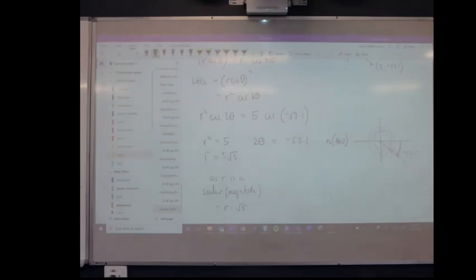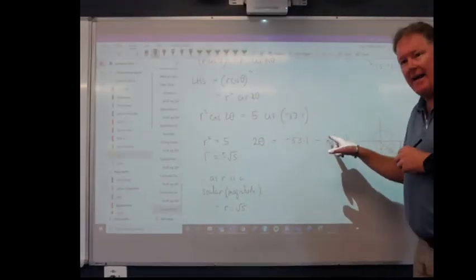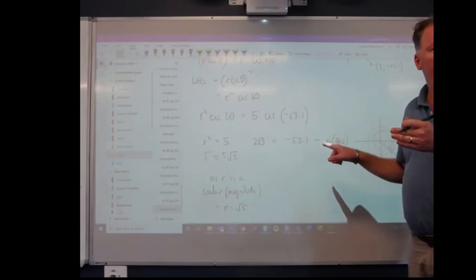But if I was to go around once, what would be the size of that angle? If I was to go from the origin, or from the x-axis, or the real axis, around once and then down to 53.1, it would be negative 53.1 minus another 360, wouldn't it? Yeah? So we're actually going to subtract in this case, because we're at a negative angle. If this was a positive angle, then we would be adding multiples of 360.